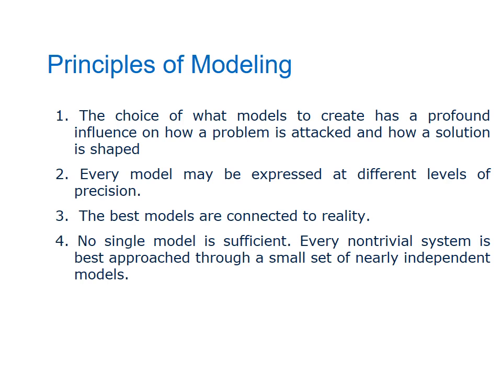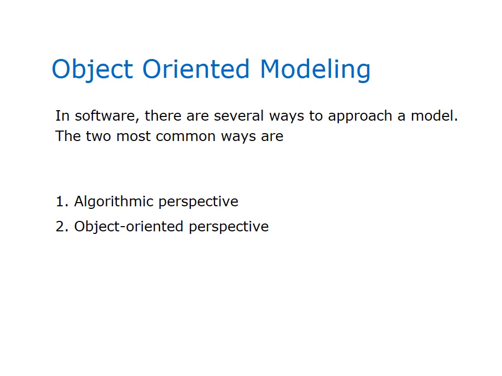Well, we will go on with a discussion about object-oriented modeling. We all know that in the software development process people usually follow two approaches: the algorithmic approach and the object-oriented approach. What will we do in the algorithmic perspective?